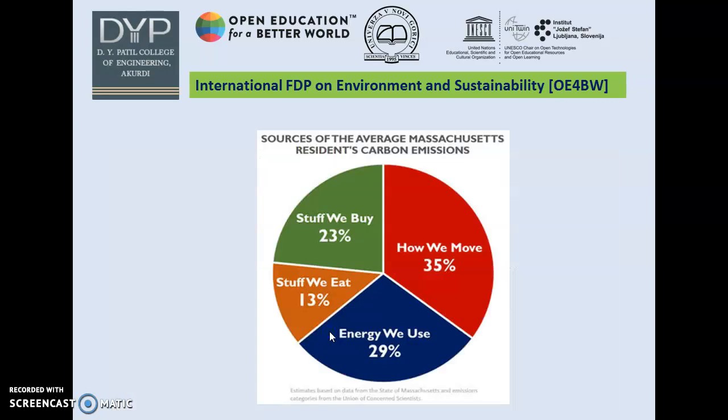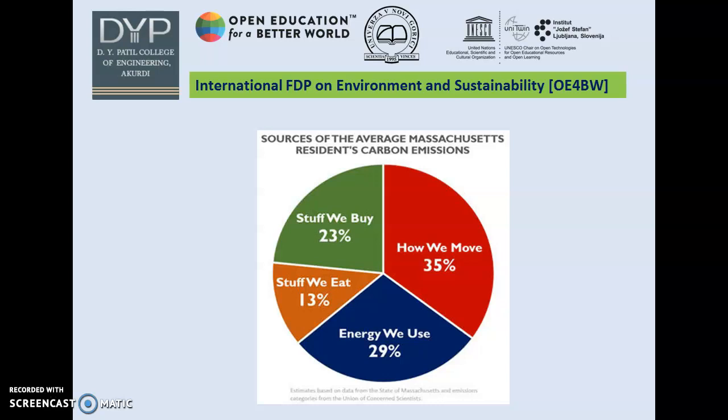And here is the source of average Massachusetts residents' carbon emissions. How carbon emissions are emitted from residents depends on how we move, the energy we use, the stuff we eat, and the stuff we buy. From the residences itself there is emission of CO2.